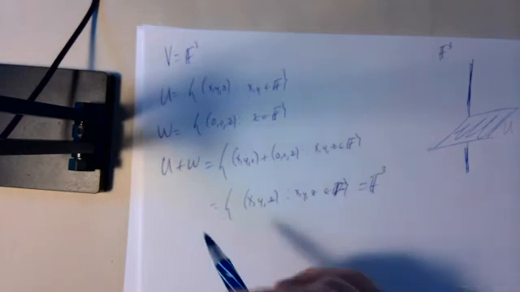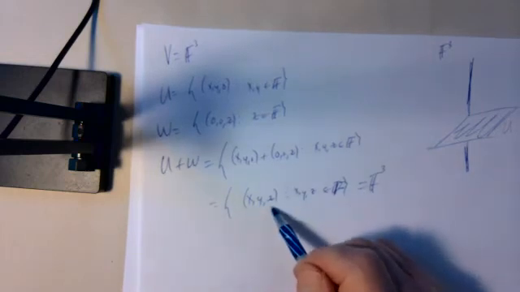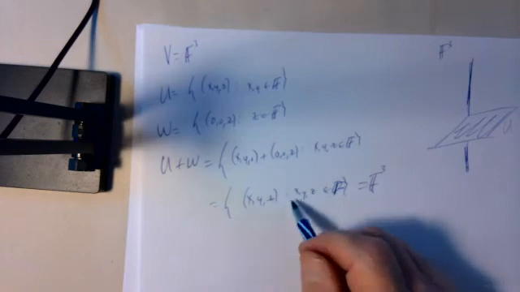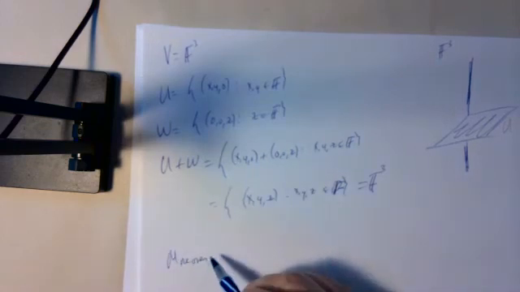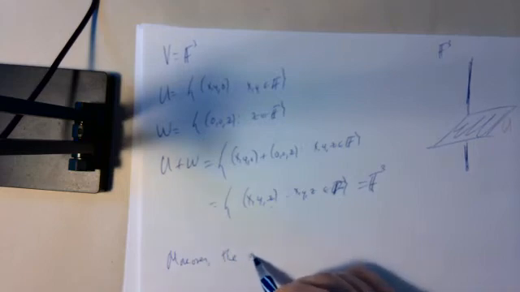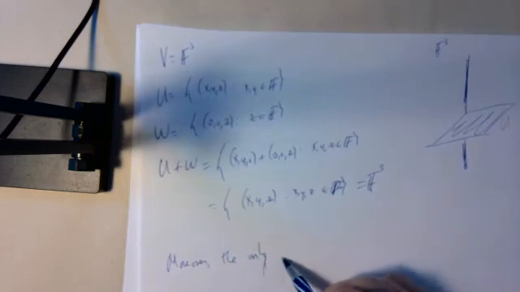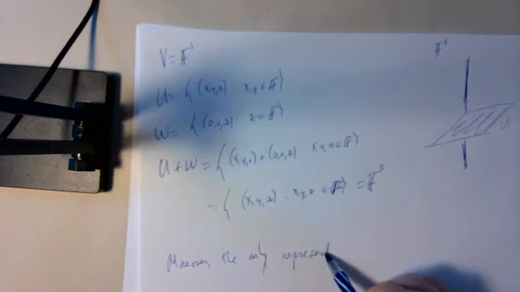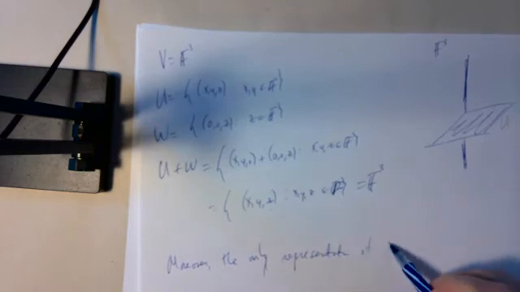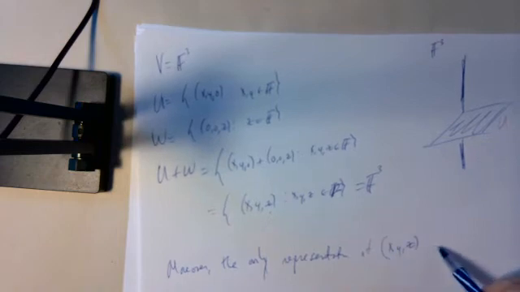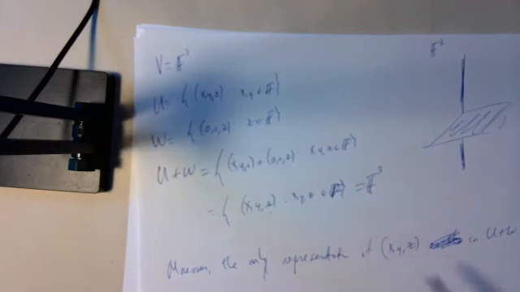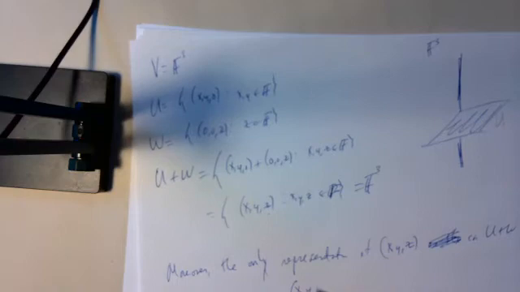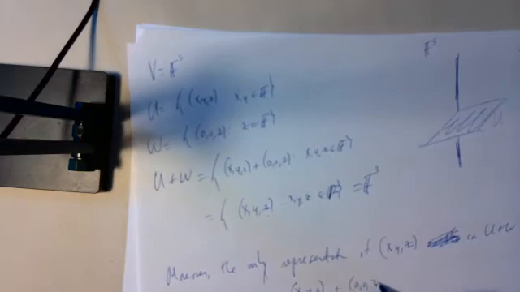And moreover, the only representation of x, y, z in U plus W is x, y, 0 plus 0, 0, z.